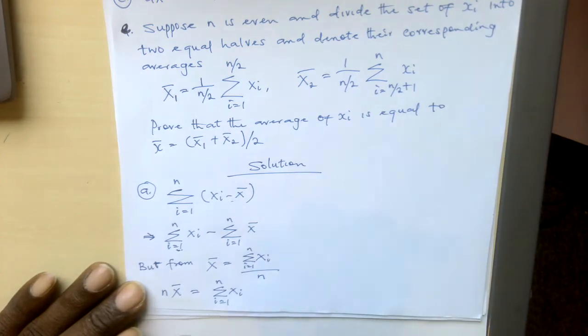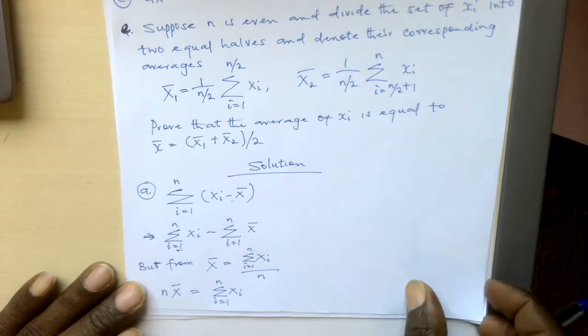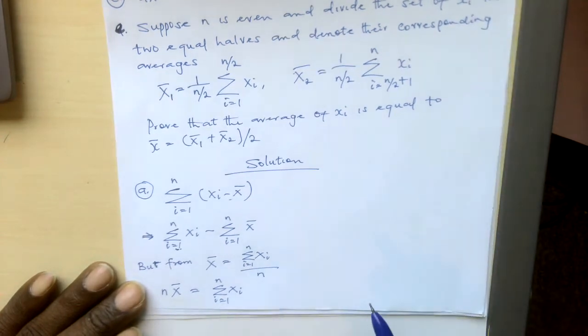It's summing from 1 to n, right? So if that is true, then that means we can replace summation xi with n times x bar. We can replace this with this guy here. Just replace.